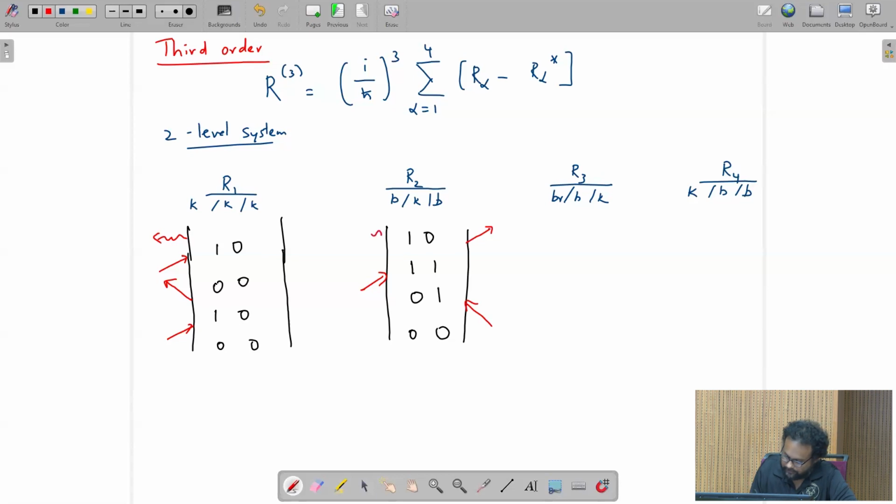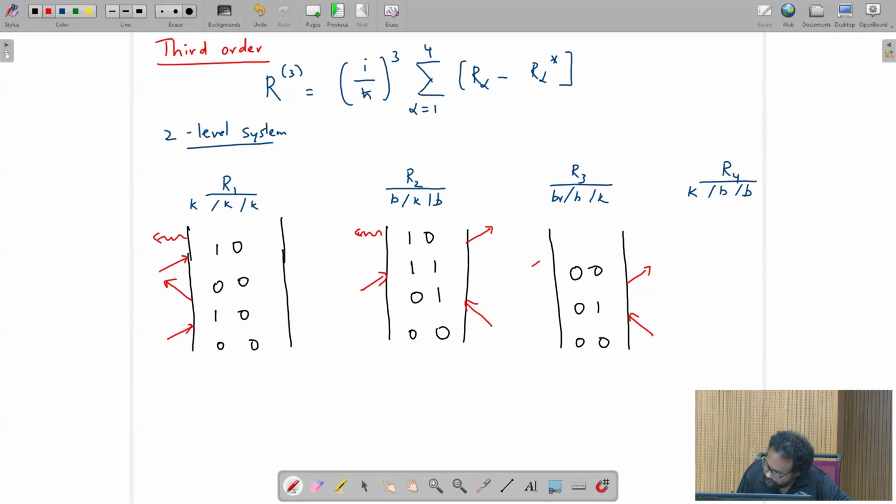And then R3: bra, 0, 1, bra again, back to ground state, and cat. 1, 0.